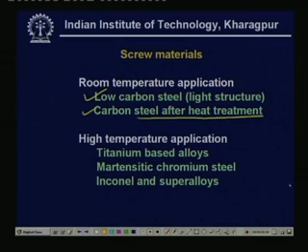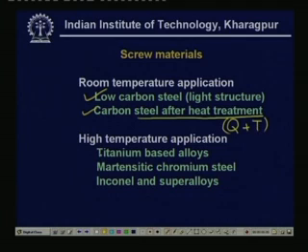There are various processes of heat treatment and these are all specified in standards. So when you have to design such a threaded fastener, you will have to look into the standard. There are different material standards, and medium carbon steel with different kinds of heat treatments is possible. Quenching and tempering are the two most frequently used heat treatment processes. For high temperature, the alloys are used.